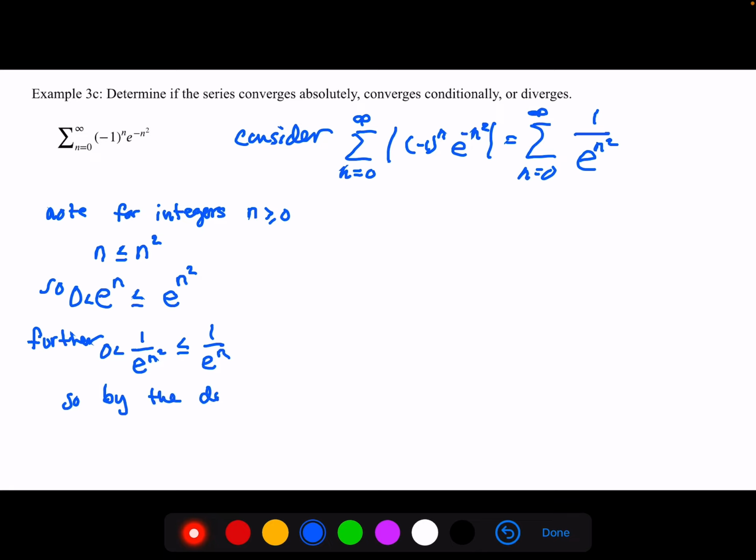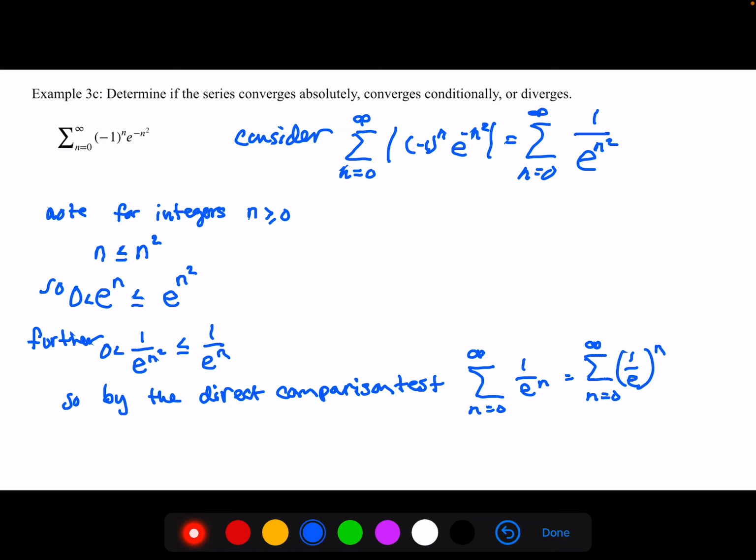By the direct comparison test, since the sum from n equals 0 to infinity of 1 over e^n, or more explicitly, the sum from n equals 0 to infinity of (1/e)^n converges.